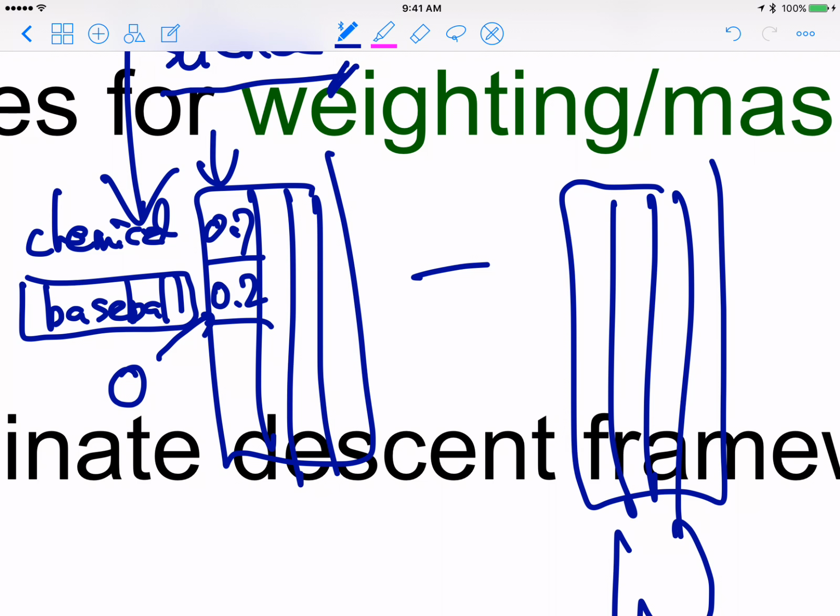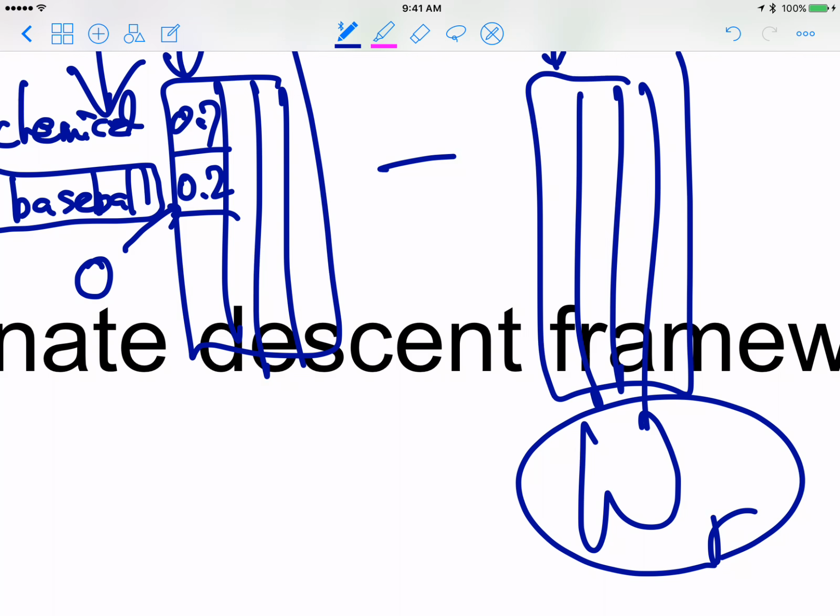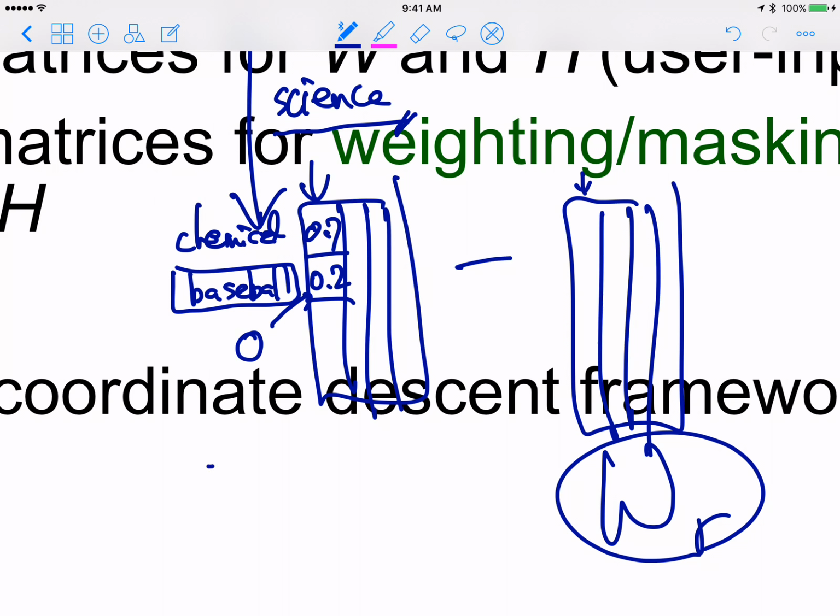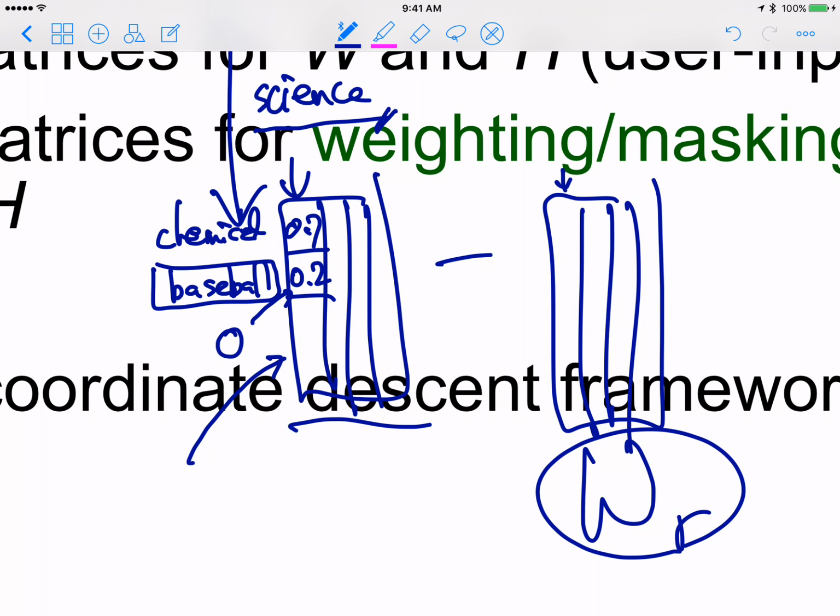And then we can set our reference matrix WR. So this is an additional input matrix. Please note that W is our output that our NMF algorithm is computing, but we are giving an additional input that is the same size as W, where in the place corresponding to baseball, we are giving the explicit input as 0.